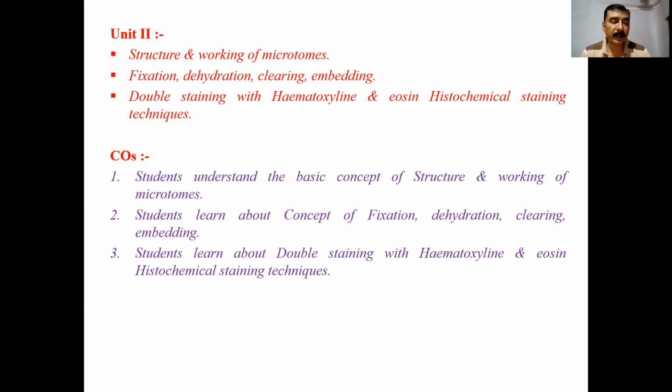And then progressive staining and regressive staining. In progressive staining there is stepwise addition of a stain, and in regressive staining we stain the tissue abundantly and then there is stepwise removal of the stain. These are the two processes used.